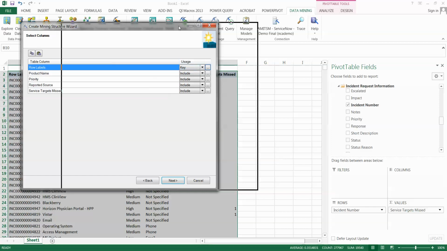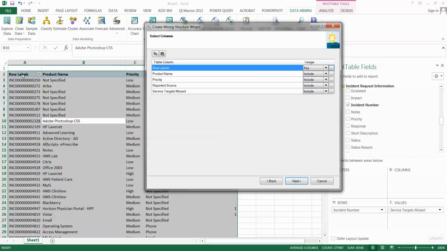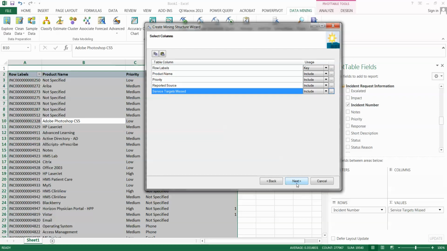Now, I probably should have changed my column name to say incident number. I didn't change it, so it is labeled row labels right now. But we've already gone ahead with that, and it really doesn't impact the analysis, so we're just going to move along.